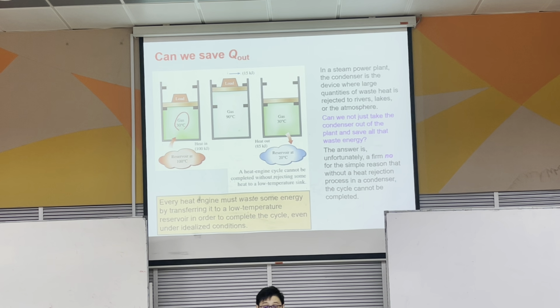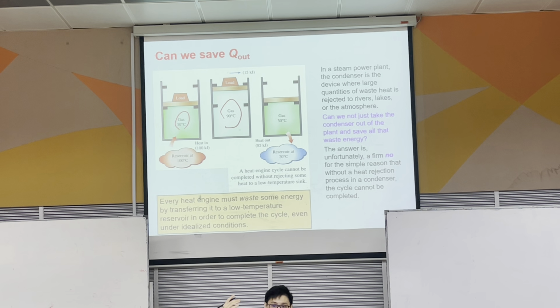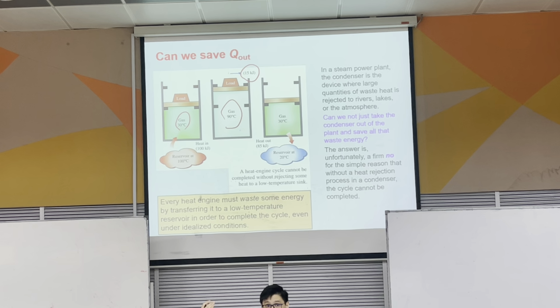This one is just a closed system example, and it has a load on top of it. The load itself, you can imagine it as the work out. You are heating the gas up to 90 degrees Celsius. During this process, the heat that you supply to it manages to move this load. Let's say the work required to move this load is 15 kilojoules. So when you provide heat, it manages to generate a certain amount of work.